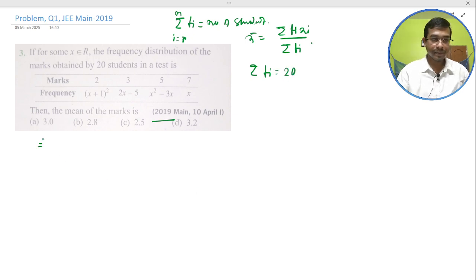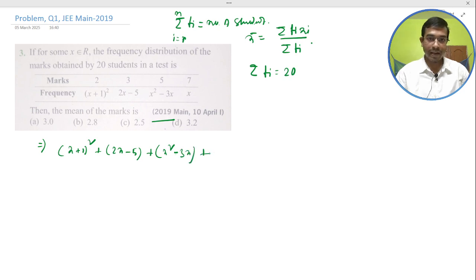That means (x plus 1) whole square, 2x minus 5, plus x square minus 3x plus x, this is 20.